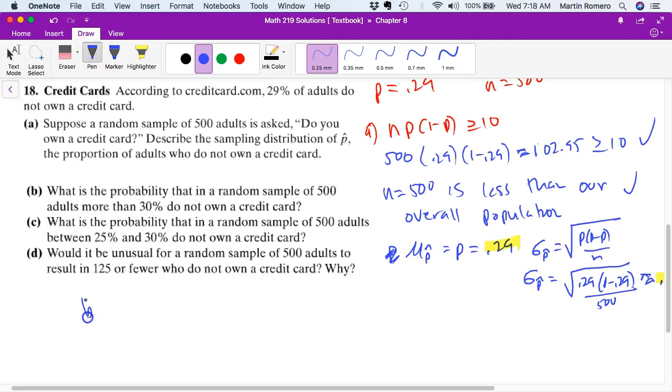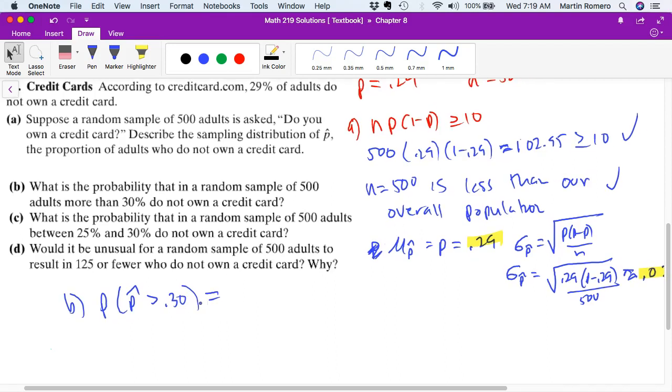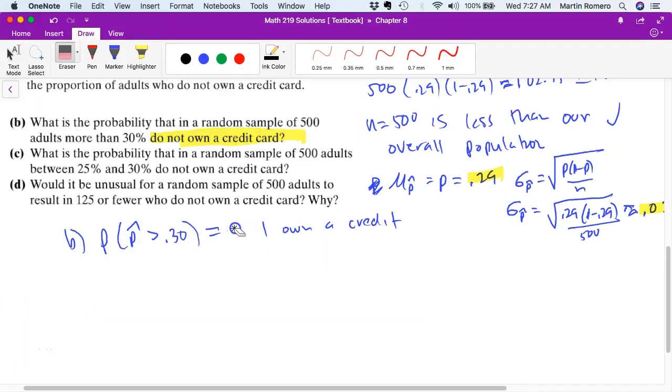Part B asks, what is the probability that a random sample of adults has more than 30%, so that the proportion is more than 0.30. To answer that question, we go to StatCrunch.